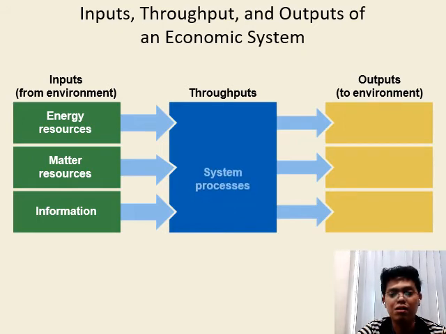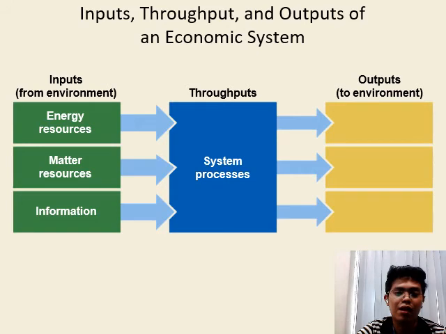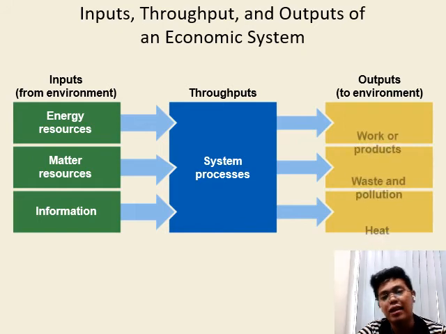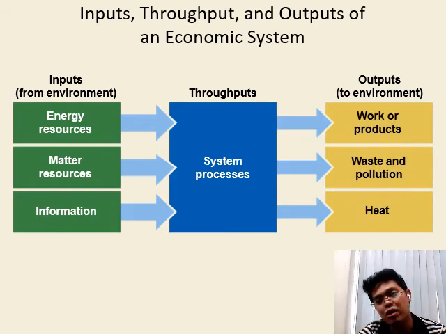The throughputs are the system processes, the processes that are used to, for example, convert certain matter into a manufactured product or a device. And the outputs are work or products, waste and pollution, and heat.